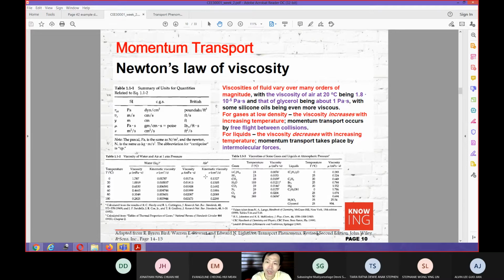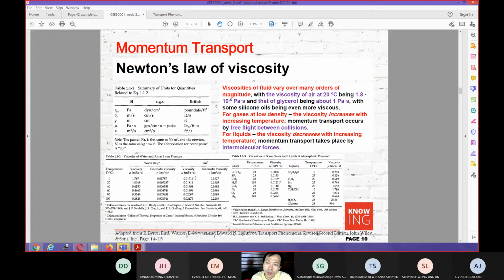That's why when you move in air, it's much easier than when you move in the water. Like when you go swimming, the resistance will be higher in the water. The other most important thing is, as you can see in here, for water the viscosity decreases with increasing temperature.